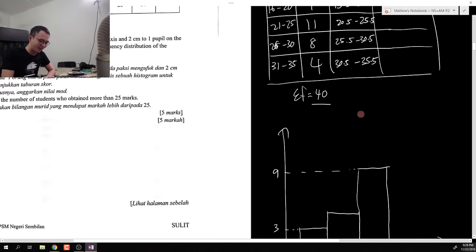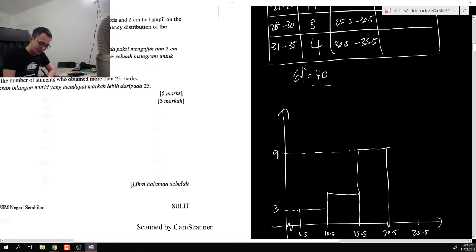And next one will be 11, 8. So maybe 11 is slightly higher, and 8 will be slightly lower. Then we have 8. This one is 30.5. And then you need to do until the 4, right? 4 will be 35.5.